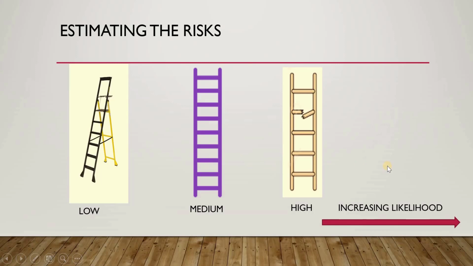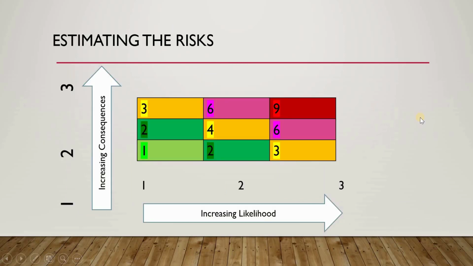Why? Because there are very few chances that the worker may fall down, because it's a really safe ladder. This second one is not a very good ladder, but it's better than the third one because it's not broken. So here the likelihood is medium, and in the last the likelihood is higher because it's broken and there are more chances that the worker will fall down from the ladder and there might be an injury.